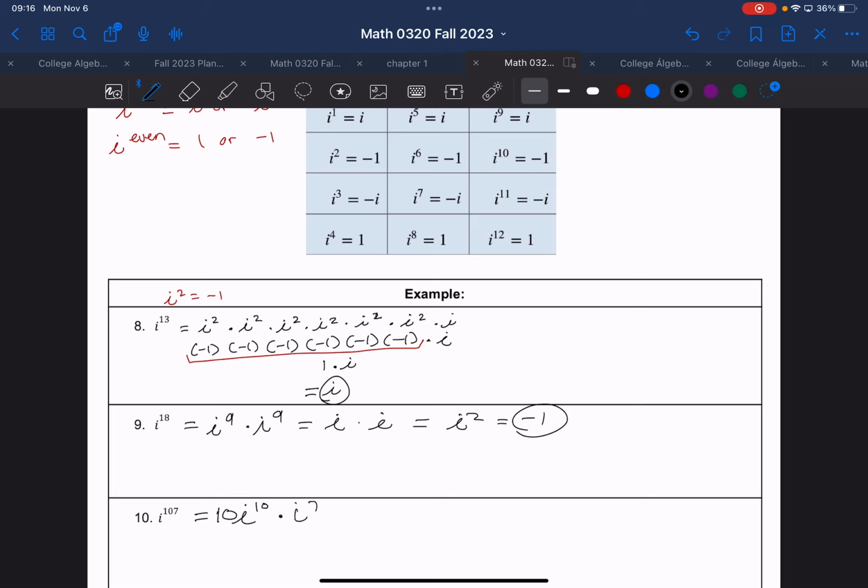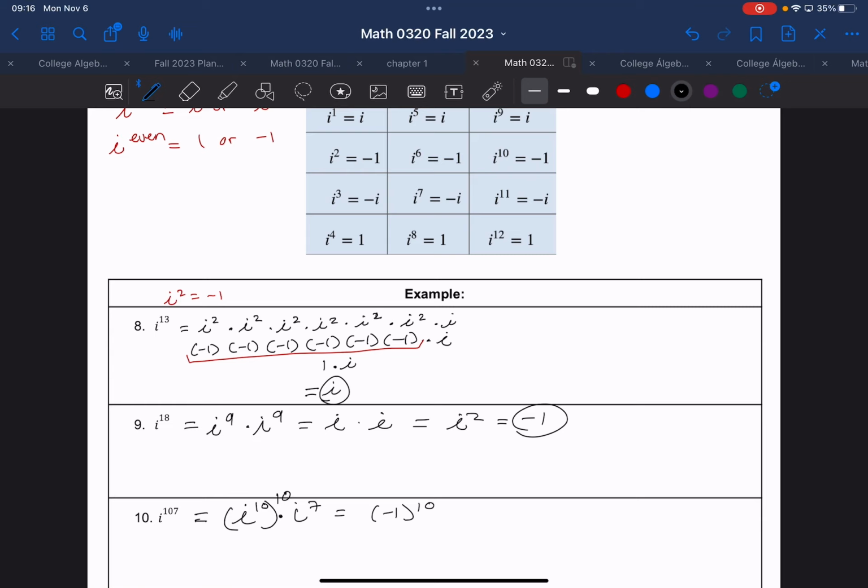i to the 7th. So we know i to the 10th is what? Sorry, not 10, to the 10th power, yeah. So we know i to the 10th is -1, so -1 to the 10th power.